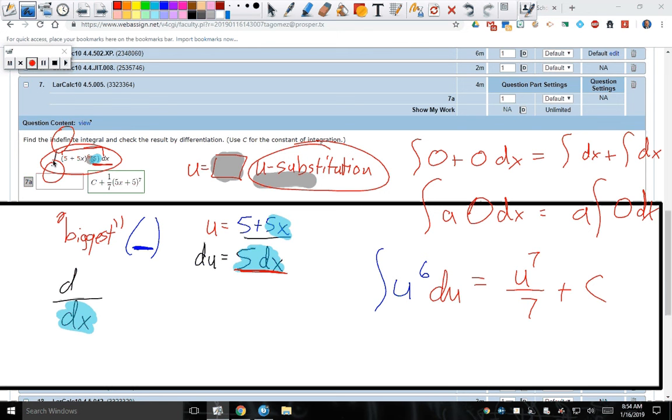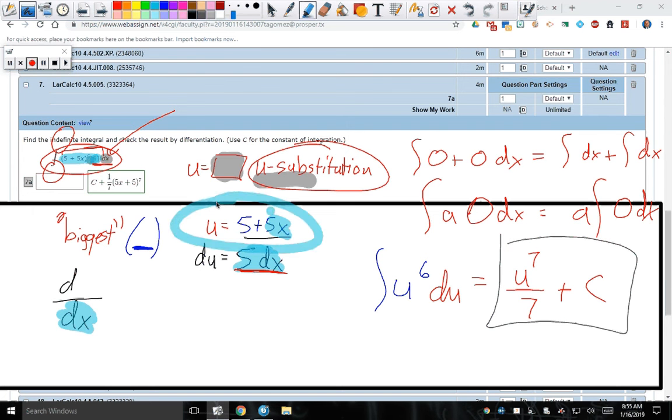Here's the catch. If you're asked to find the integral with respect to x, that means its function needs to be written in terms of x. Right now, I don't have something written in terms of x. I have it written in terms of u. So ultimately, at the very end, I'm going to have to go back to terms of x by using my original u substitution and plugging this piece back in for u.